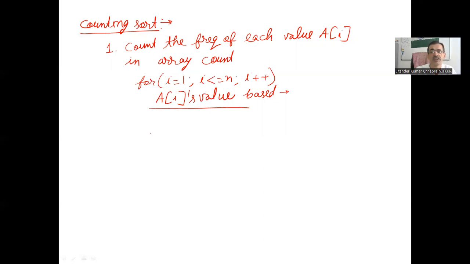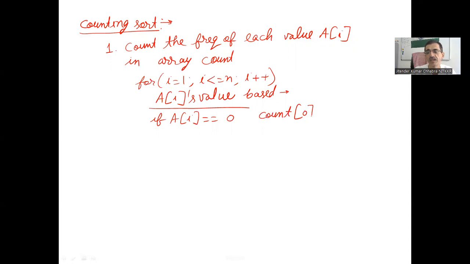Yes, some of you must have done it correctly. For some of you, it might appear difficult to write this. Effectively, what you require is something like this. If ai equal to 0, you want count 0 to be incremented, assuming that initially the count array is declared with 0 initialization.